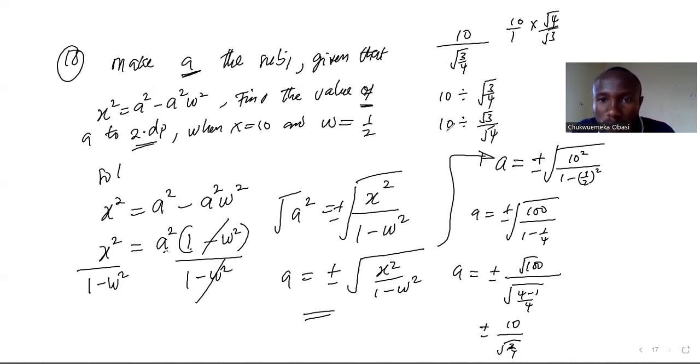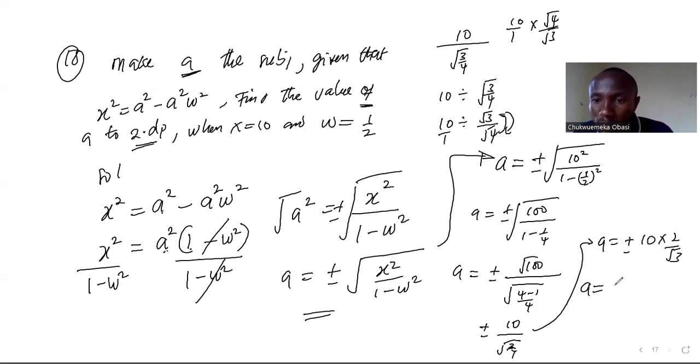You know, when you change division to multiplication, these guys will go up, this one will come down, right? So square root of 4 is 2. So everybody now becomes a is equal to plus or minus 10 times 2 over square root of 3. 10 times 2 is 20. So you have plus or minus 20 over root 3. So now a is equal to 20 over root 3, or a is equal to minus 20 over root 3.